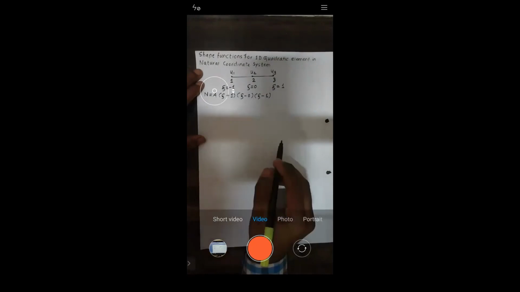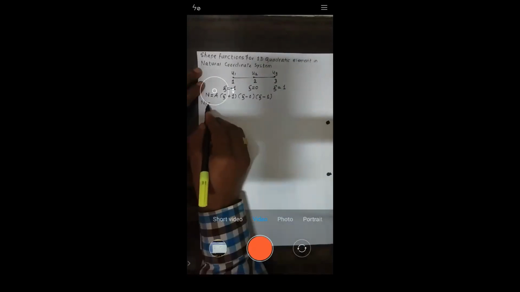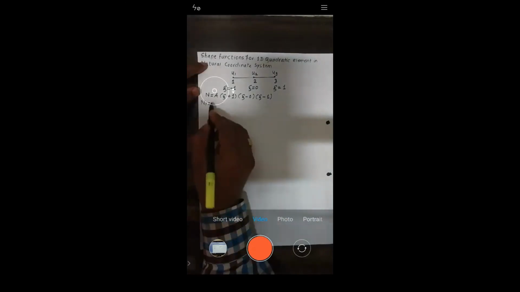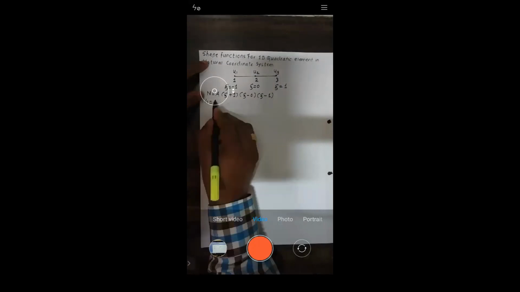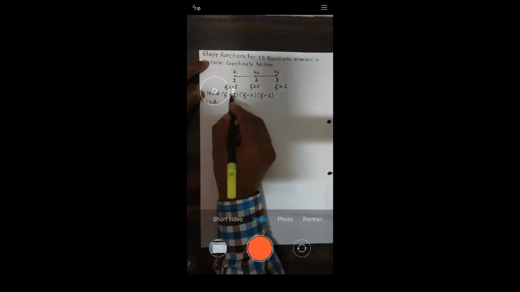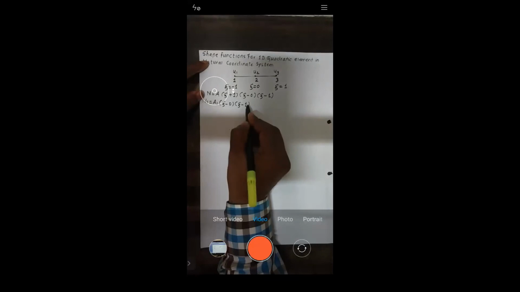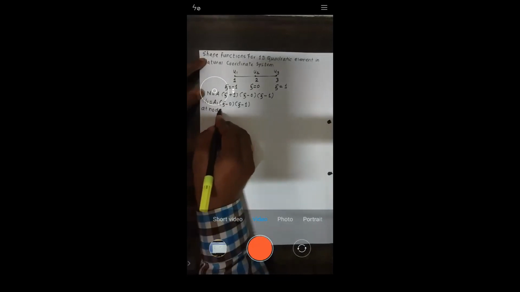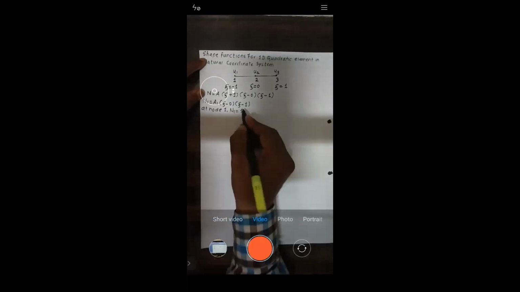Now write down the shape function for node number 1, that is N1. So it is A1 into, you don't take this term, because it is for node 1, so we write zeta minus 0, zeta minus 1. Is it okay? At node number 1, the value of N1 is obviously 1, and the value of zeta is minus 1.